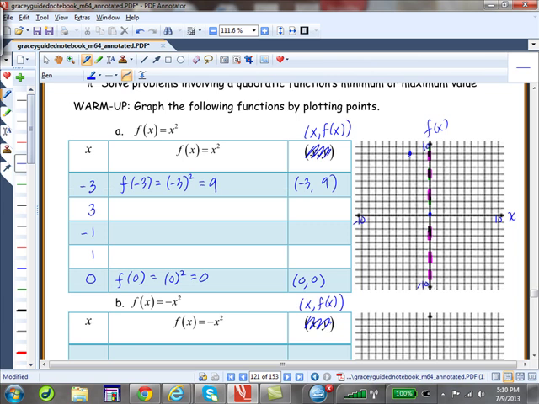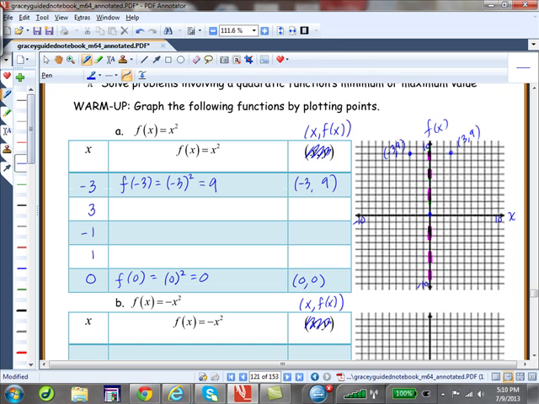At the same height, the same left-right distance away from the axis of symmetry, you're going to have another value at that same y value. So this is 1, 2, 3 away from the axis of symmetry. So we'll go 1, 2, 3 in the other direction, and we get another ordered pair at (3, 9). We got a 2-for-1 special on our points.